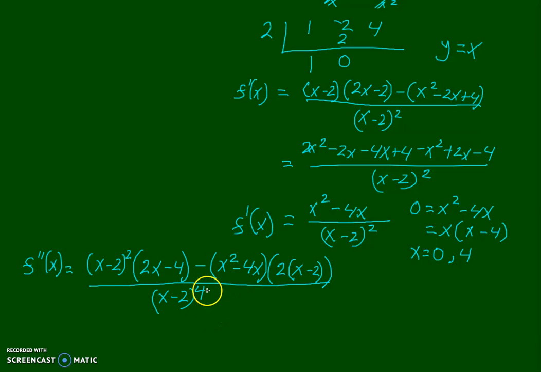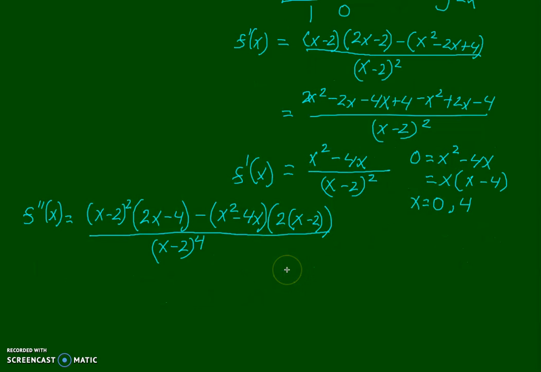Now let's go ahead and simplify this numerator. If you notice, there's an x minus 2, x minus 2, and an x minus 2. So every one of these terms has an x minus 2 in it. So let's go ahead and get those out. So one of those x minus 2's goes away. We have x minus 2 times 2x minus 4 minus, this guy goes away, so we have 2 times x squared, and negative 2 times negative 4x, which is plus 8x.